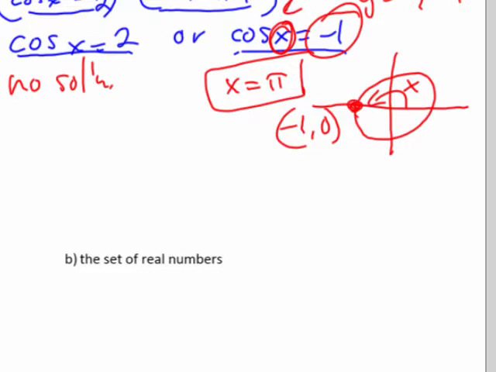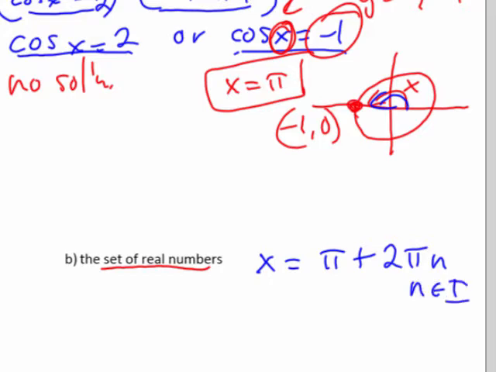Now to find my general solution, my solution over the set of real numbers, in other words, I need to take my answer of pi and find the coterminal angles that go with that. Well, I could simply say x is pi plus coterminal is 2 pi, add or subtract it on n times.